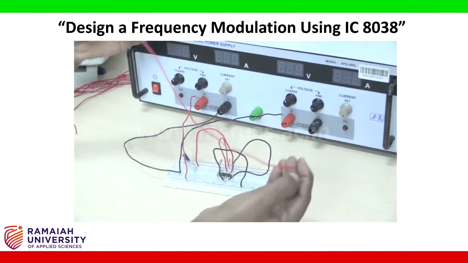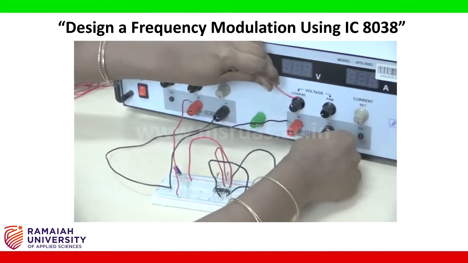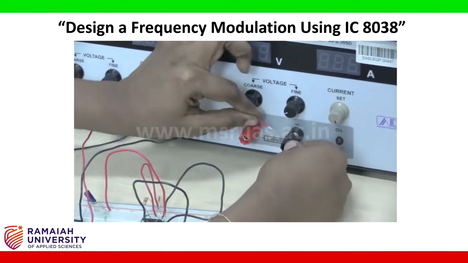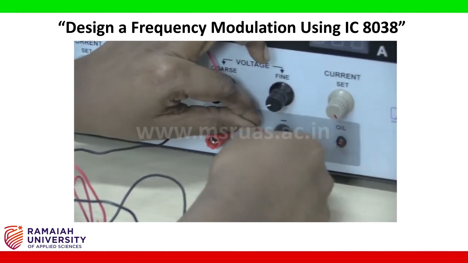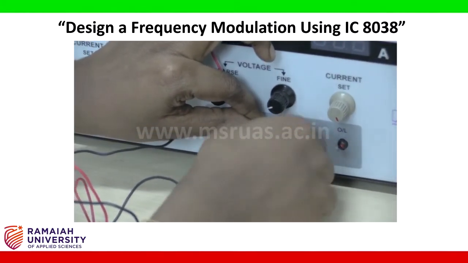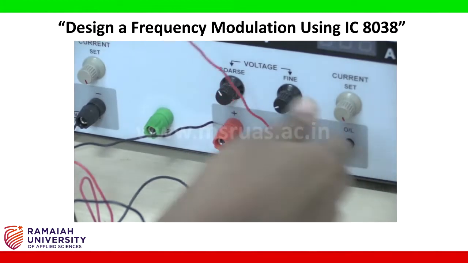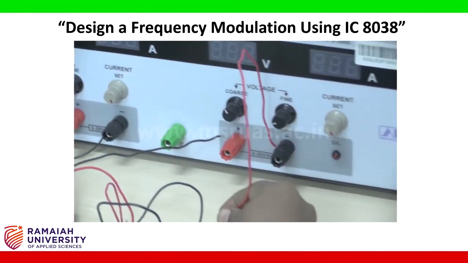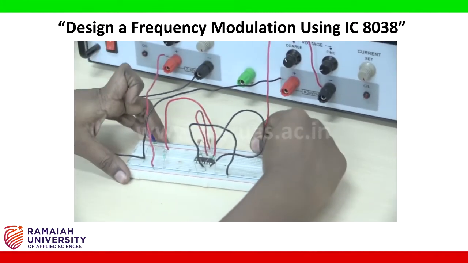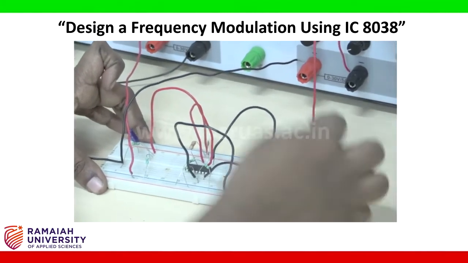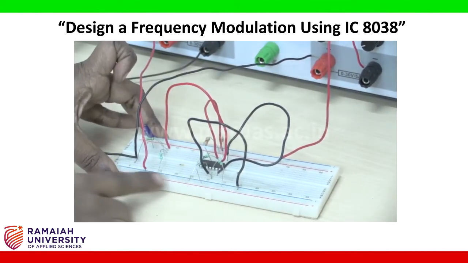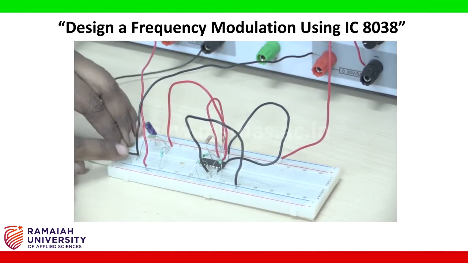Take another wire, connect it from this side of the power supply and use it as your negative power supply. So this is our negative power supply line, this is our positive power supply line, and this is the ground.